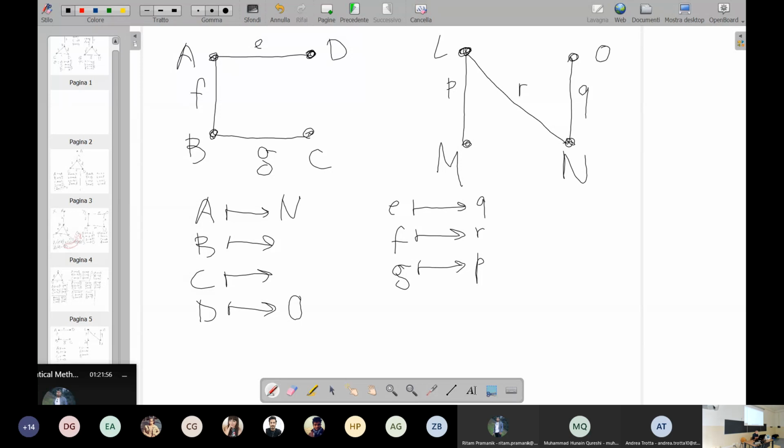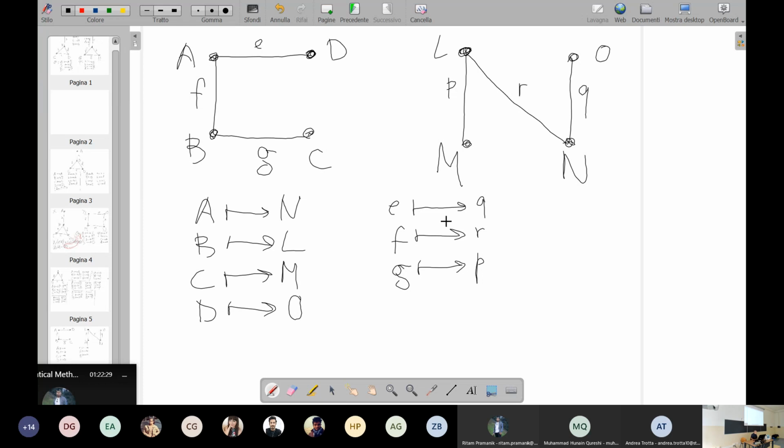Since G goes to P, okay? And so when we have P, when we have G, only one of the two vertices of the two ends has degree 1, just one edge coming out of it. So it must go to the one with the degree 1. So C must go to M, and B, of course, must go to L. So now we are done.